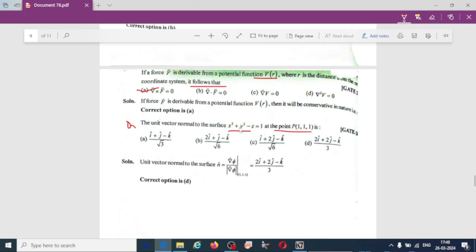So first you need to take the del phi of this surface, then substitute this point. Unit normal they have asked, so unit vector n cap is equal to del phi by mod of del phi. So option D is correct here.